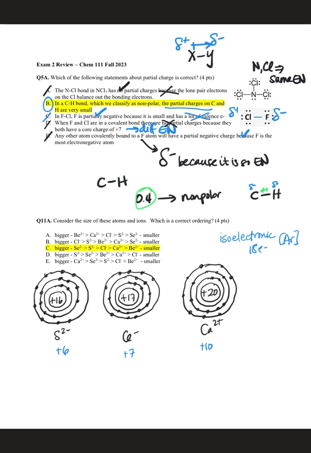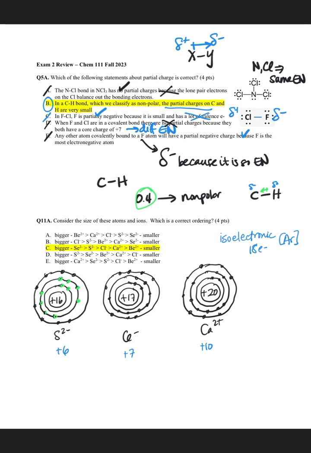Remember that the core charge is the full nuclear charge minus the charge of the shielding electrons. And so in the case of sulfide, you would take the 16 protons, add the charge from the shielding electrons, which is 10, and you end up with a core charge of +6. So you do that same thing for each of the others.